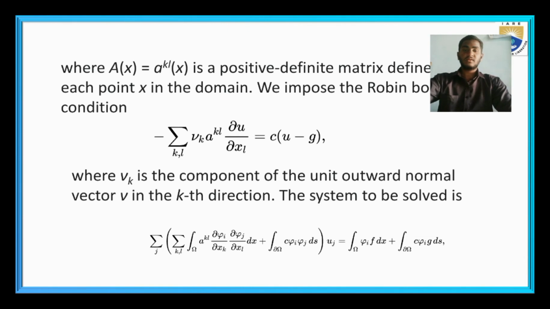The system to be solved is summation over j, summation over k, l of integral over omega of a^kl partial derivative of phi i with respect to xk into partial derivative of phi j with respect to xl dx, plus integral over the boundary of omega of c phi i phi j ds, into uj equal to integral over omega of phi i f dx plus integral over the boundary of omega of c phi i g ds.